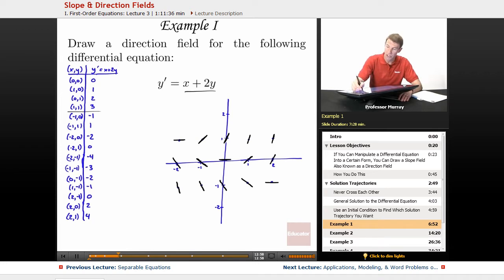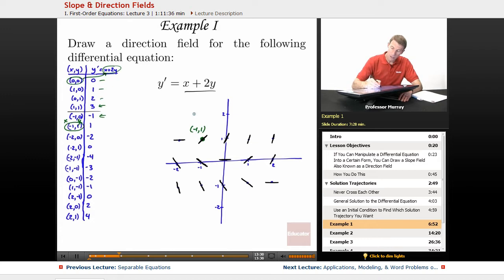So let me just remind you what we did here. We took different values of x's and y's, and then we plugged each one into x plus 2y, and we found these slopes for each combination of x and y. Then we found those points on the actual graph, and for each one of those points, I made a little hash mark with that slope. For example, negative 1, 1. That means x is negative 1 and y is 1. So that point right there is negative 1, 1.